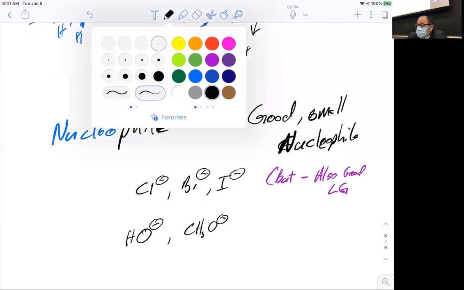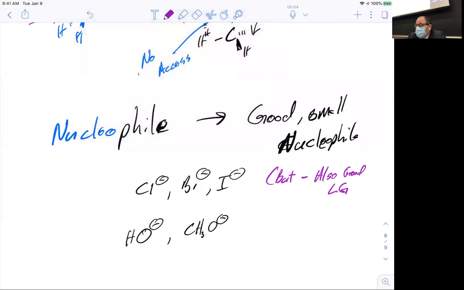But smaller ones of these are good nucleophiles, but there's a but. What's the but? What do you think of when you think of hydroxide? That's our classic base, right? So they can also be bases.